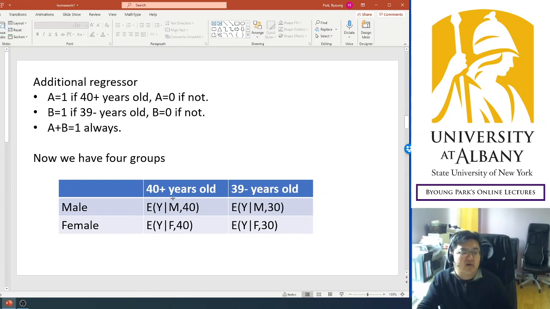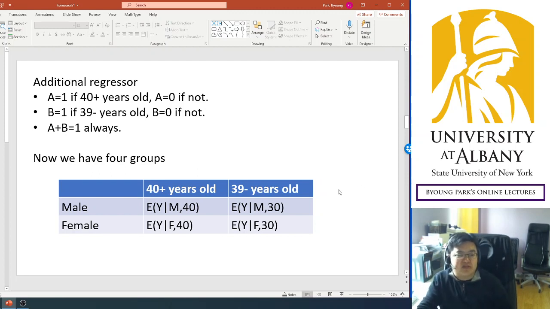Simply male 40 plus, male 39 minus, female 40 plus, female 39 minus. I'm going to simplify 40 years as 40, 39 years old as 30s, so in their 30s or 40s. So there are 4 groups, and from the data you can calculate 4 group averages.